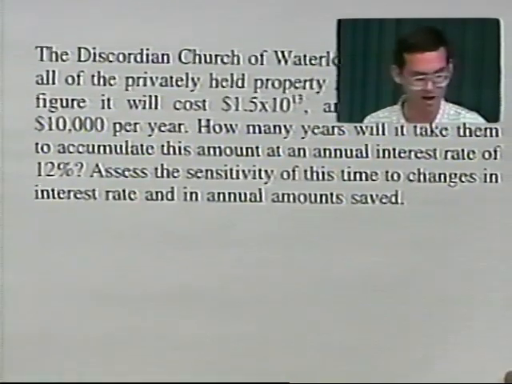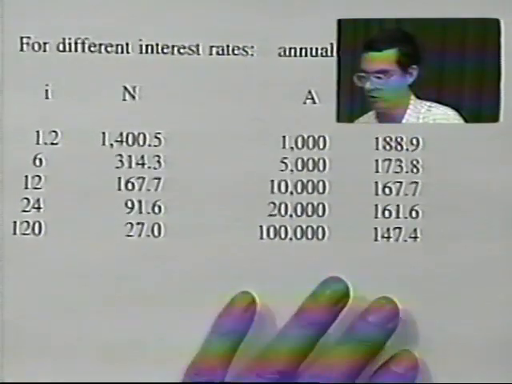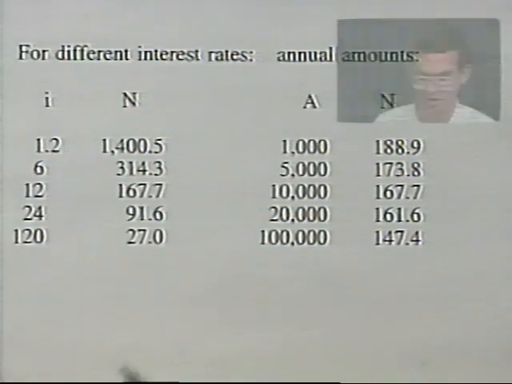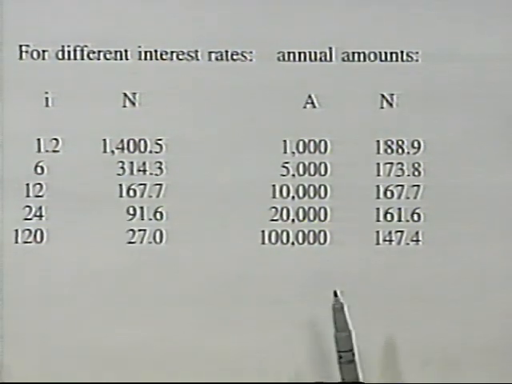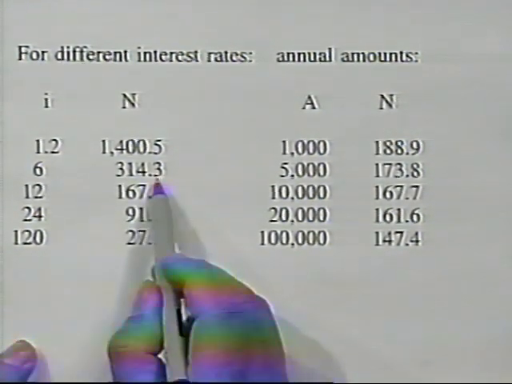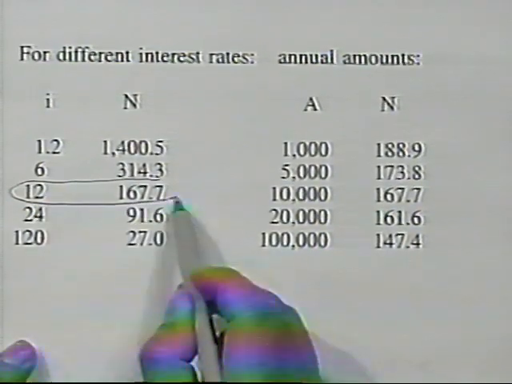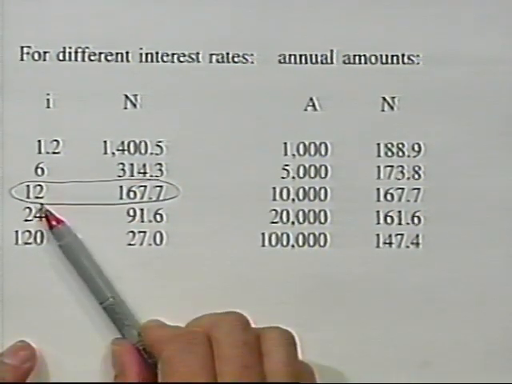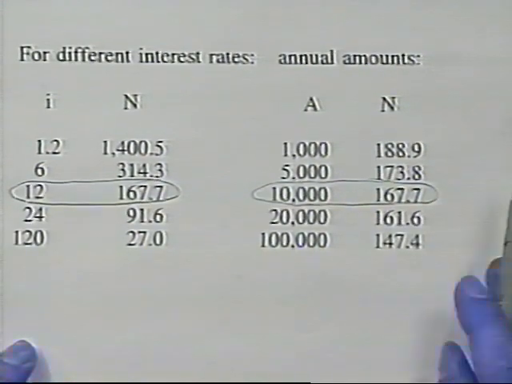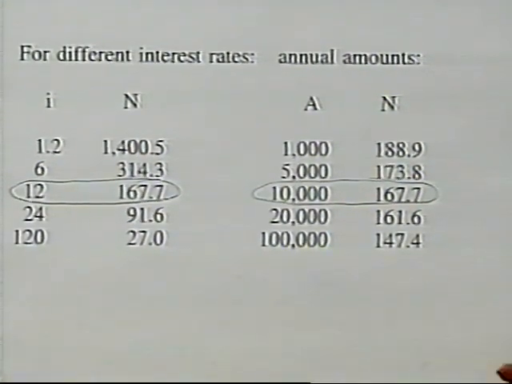Now we know how to do this kind of calculation. I won't go into it in detail, but I will show you the results. Here we have a table I've set up. In the middle of the table are the actual figures given, the 12% interest and $10,000 per year amount saved.